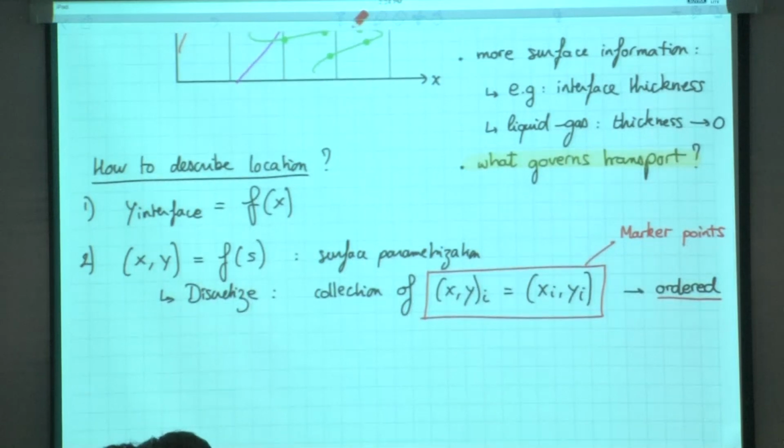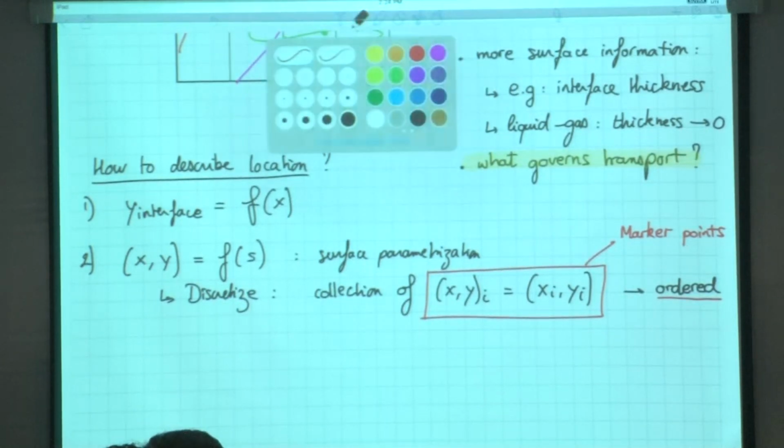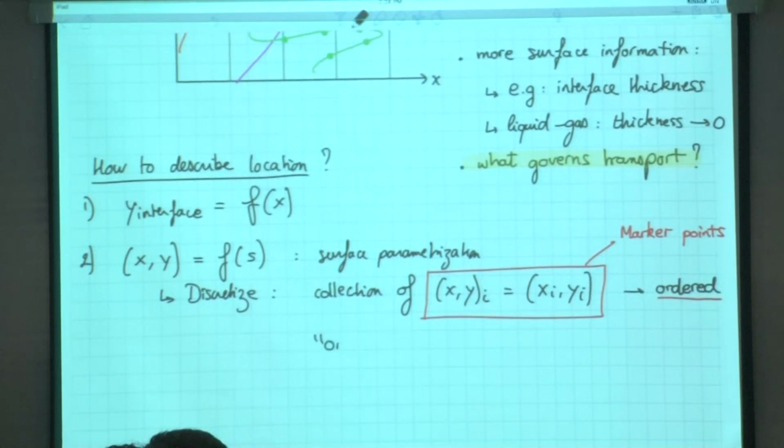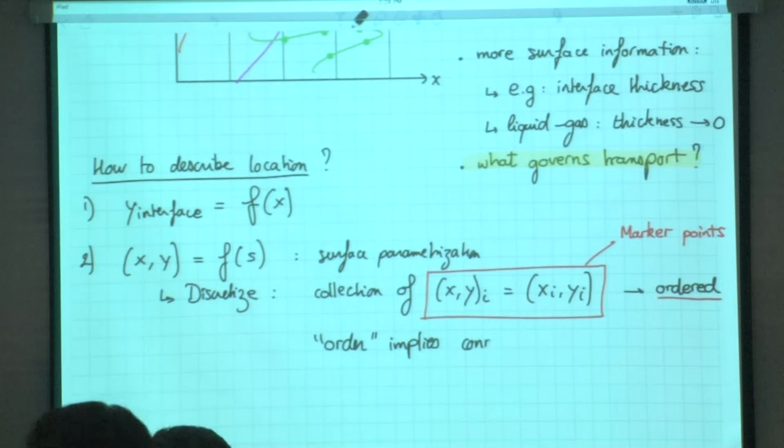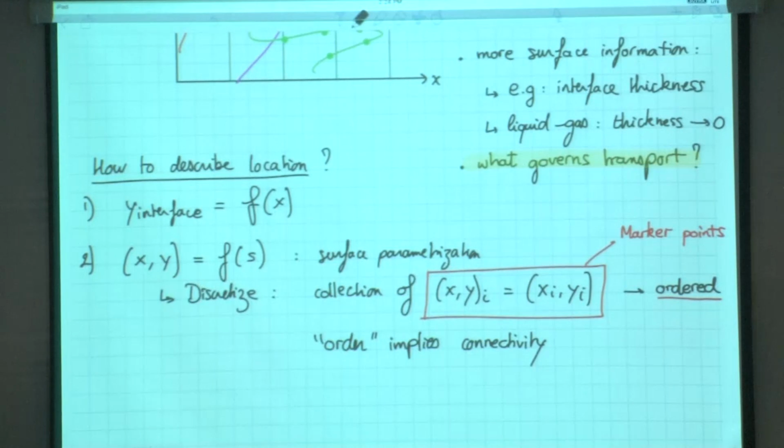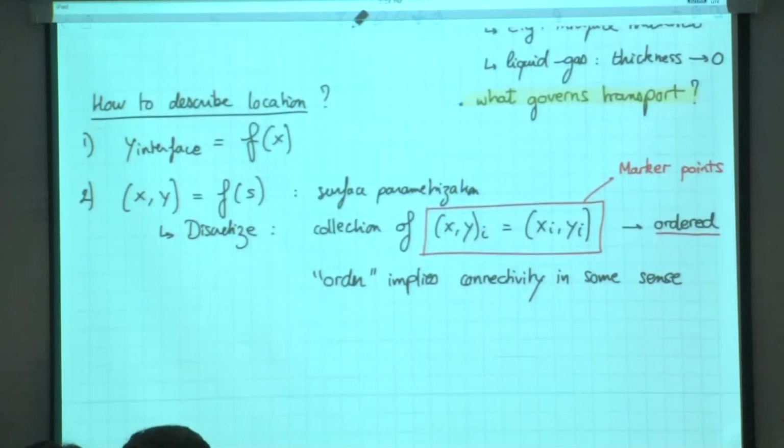So that's something that needs to be included in that. Order implies connectivity. Connectivity, in some sense, we won't go very explicitly there. So those points, this is not a cloud of points, there's some knowledge about which point comes first.